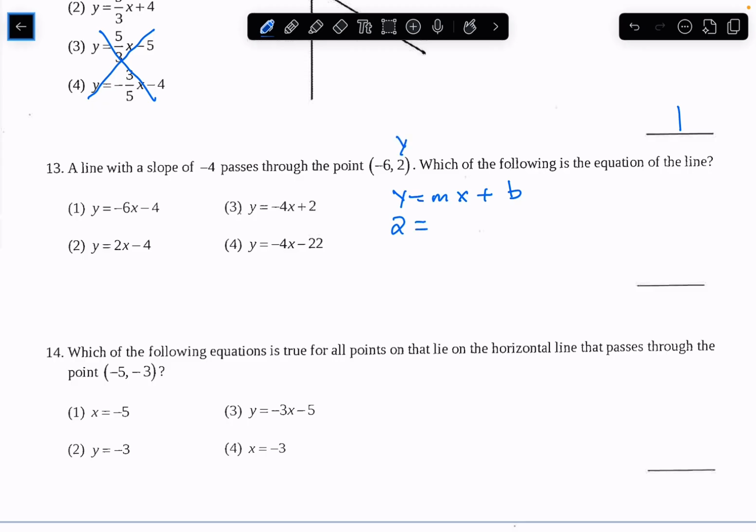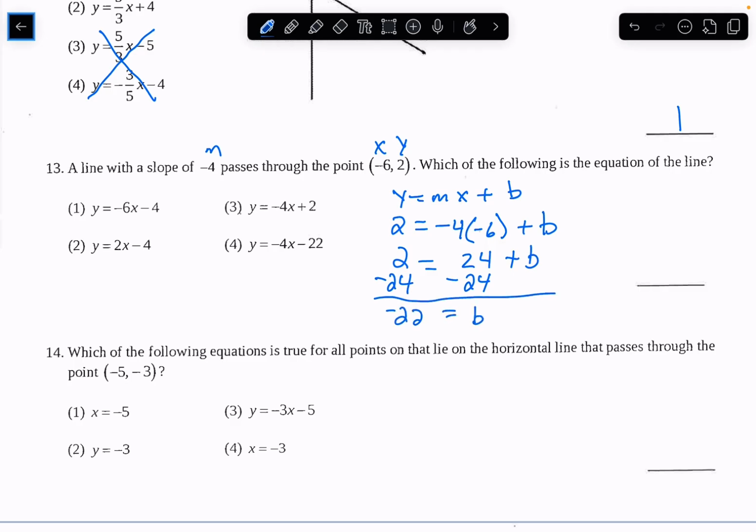The slope is -4. And the x is -6 plus b, right? So we have 2 is equal to -4 times -6, and a negative times a negative is a positive 24 plus b. And we're going to subtract 24 from both sides. And we get b is equal to -22.